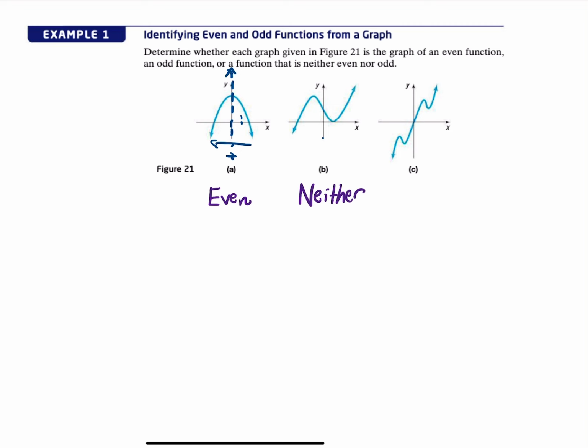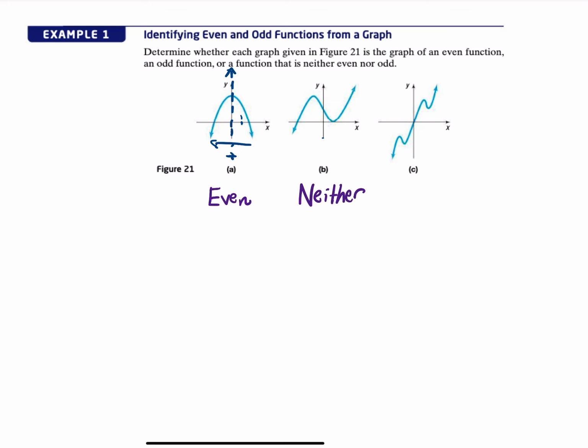This function still has a symmetry. You can imagine drawing a diagonal line like this. You can see some kind of symmetry there. But it's not the x-axis or the origin. So this would be neither.